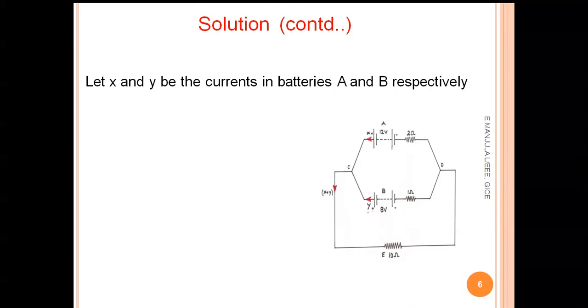Anyhow, it has been already given in the question. Because it is a battery, the direction of the current is taken from the battery. The battery here is positive, so the direction of the current will be like this only. So let x and y be the currents in batteries A and B respectively.